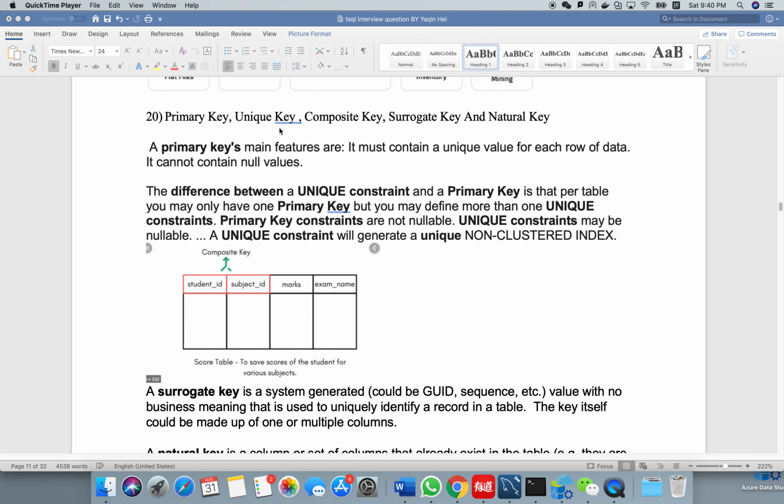A unique key is considered similar to the primary key, but because one table can have just one primary key, it cannot be the primary key or we do not choose it to be the primary key.